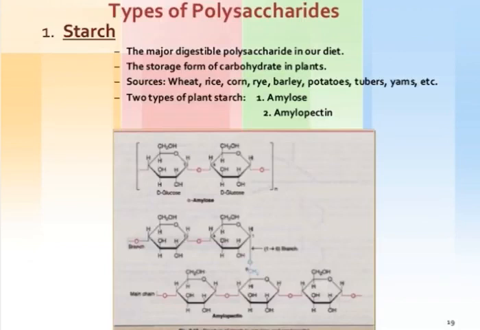Types of polysaccharide: starch, the major digestible polysaccharide in our diet. It is the storage form of carbohydrate in plants, with sources such as wheat, rice, corn. Two types of plant starch are amylose and amylopectin.